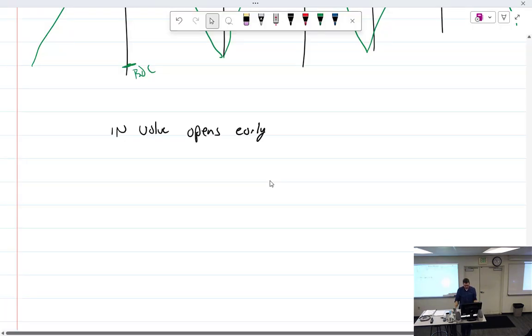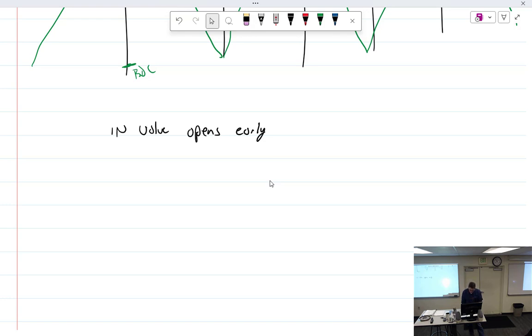So, the intake valve opens early. I don't want to write everything I just said because it would take two pages. You guys good with that? Kind of understand that? Let me see if I can condense it.